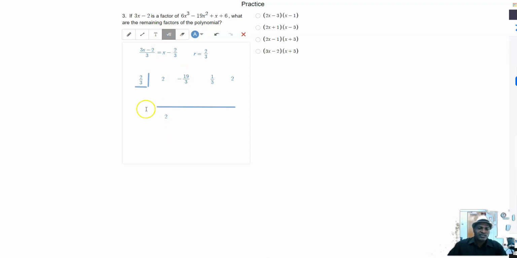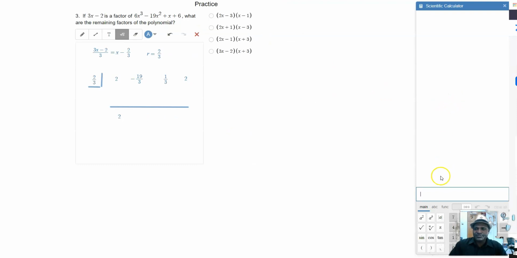Now 2/3 times 2. You can use your calculator here if you don't know what that is. 2/3 times 2 is 4/3, so I'm going to put 4/3 right here.